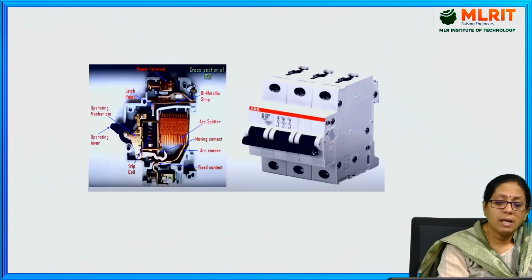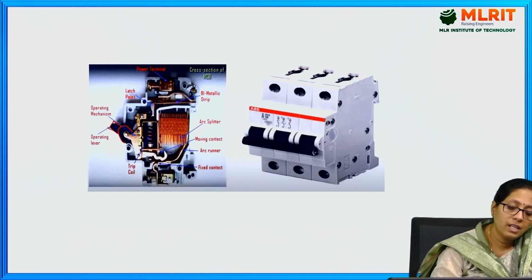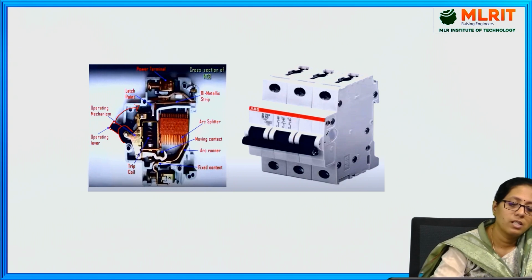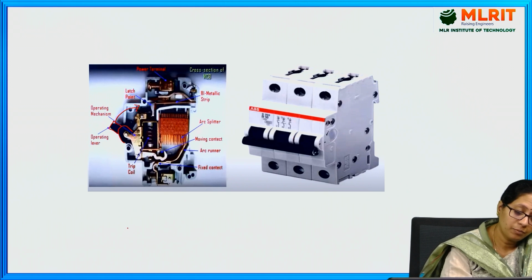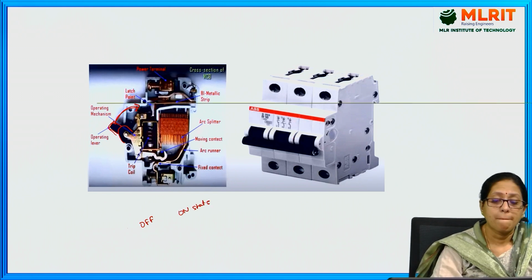Here you can see a picture of MCB, where you have an operating lever. This lever is in the open state now. When this is connected to this, it will be in the connection state. That means this is in off state, and when it is connected to this, it will be in the on state.